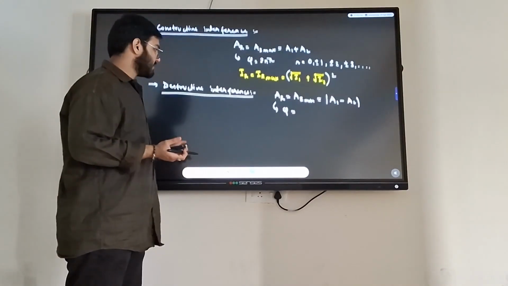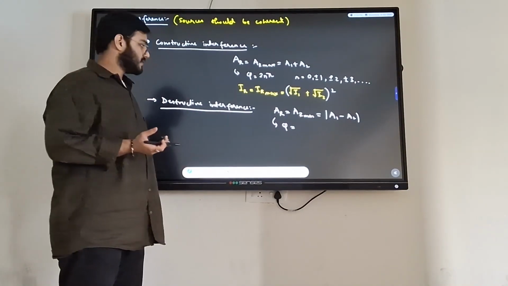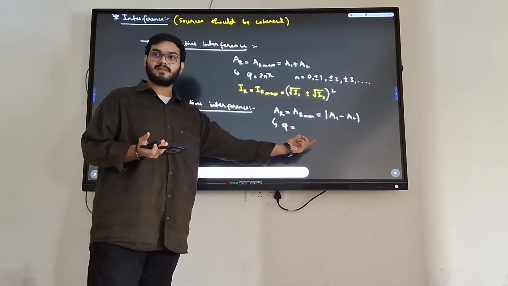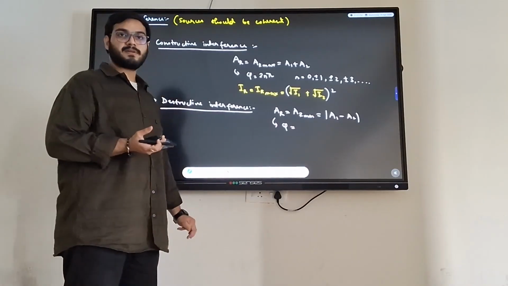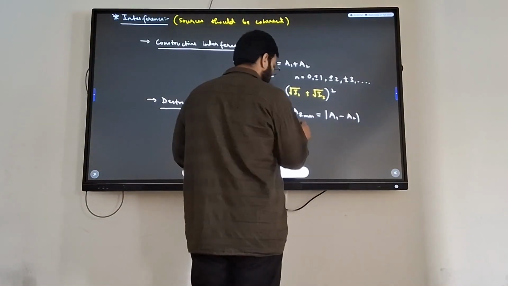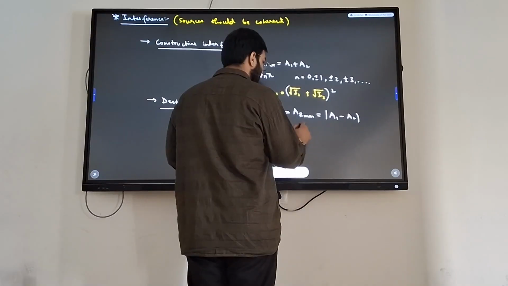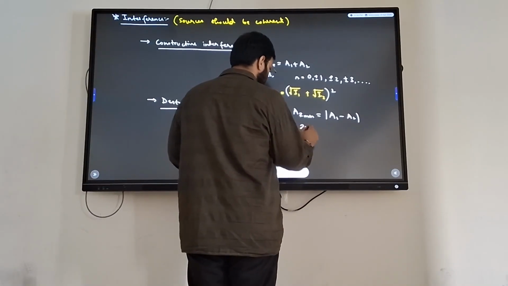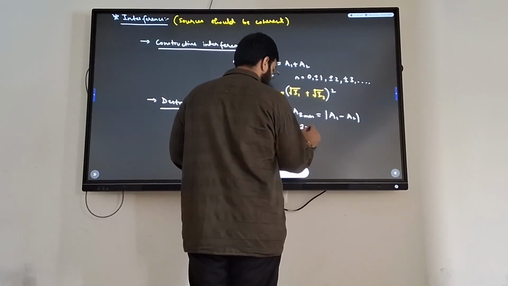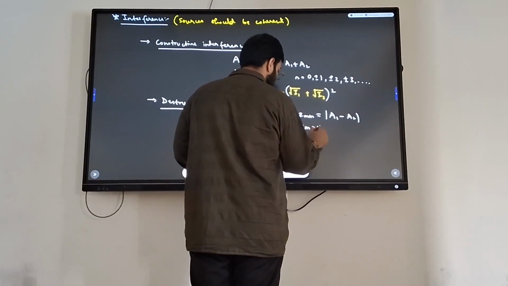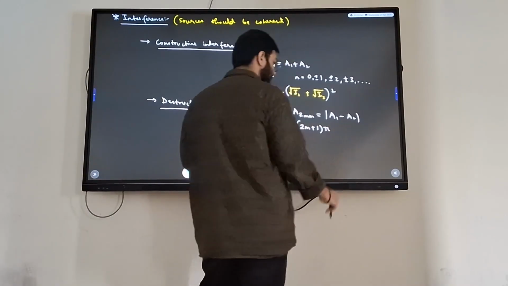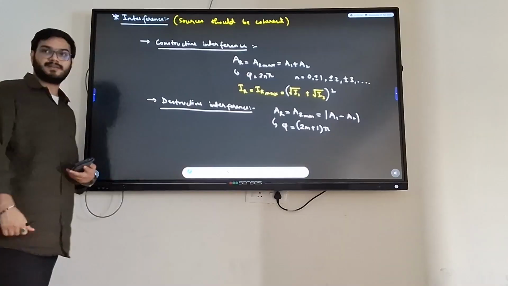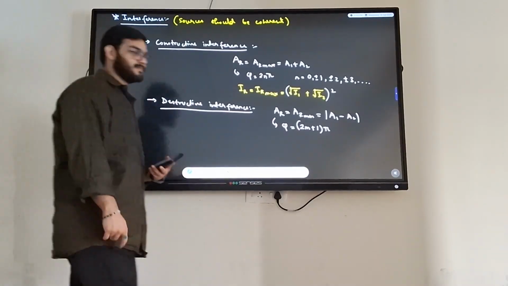And what if the phase difference is this? What should be the phi by the way? 2n plus 1 pi. You can even write it as m pi, no? No. I'll say 2m plus 1 pi. Where should m start from and go to? 0 to?